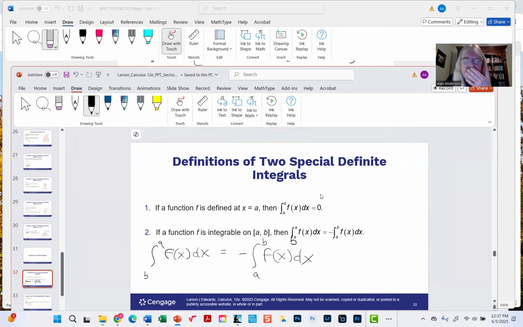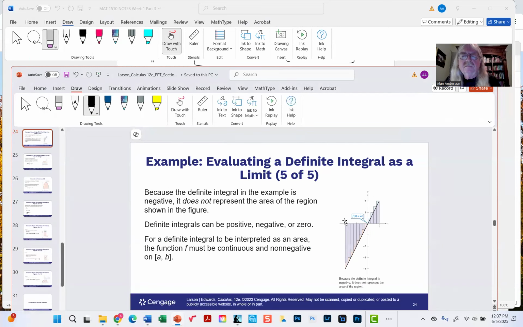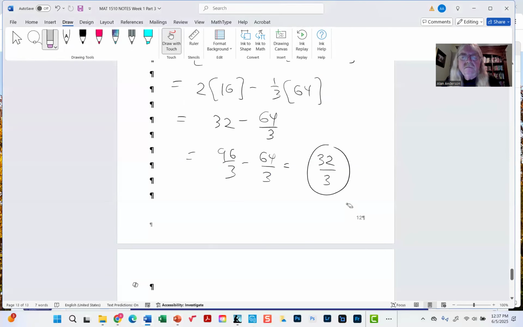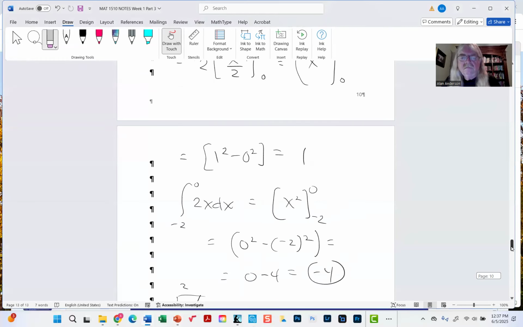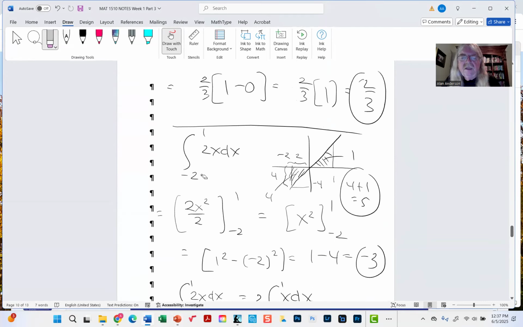Okay. So in other words, basically what it's saying is that if you reverse the upper and lower limits of integration, you'll end up with the negative of the original result. So if you go back to that example we had before, when I break this up into two parts, because some of it is underneath the horizontal axis. Let's copy this down here. 2x dx.